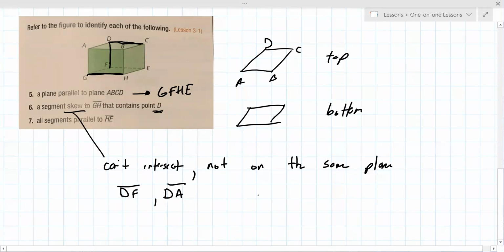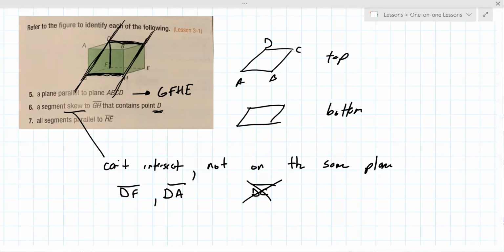DC probably would not be okay because it's kind of parallel to GH if you imagine a plane that goes through those 4 points, through the diagonal of the box. That's why DC probably would not be included.